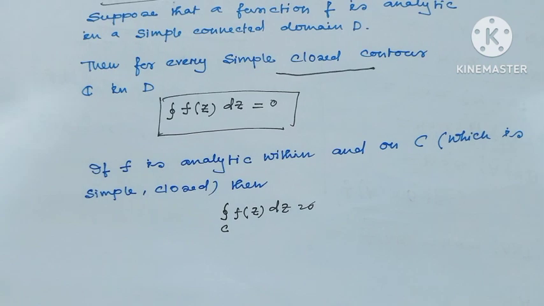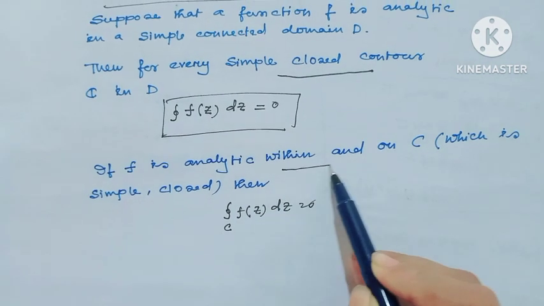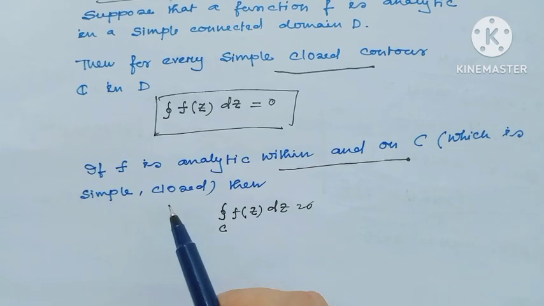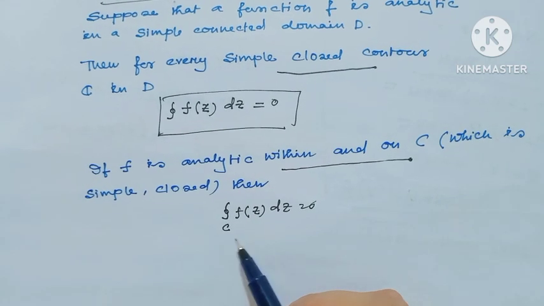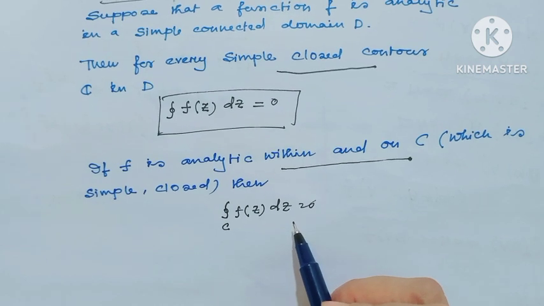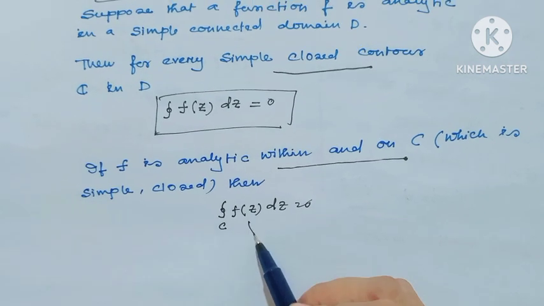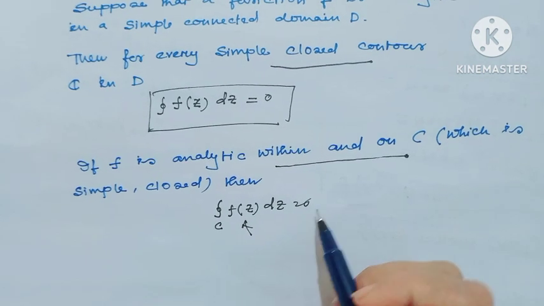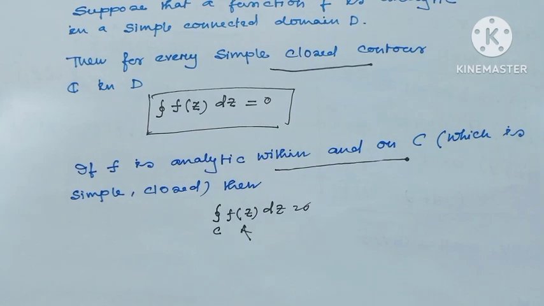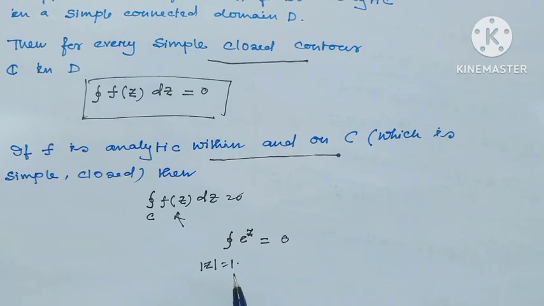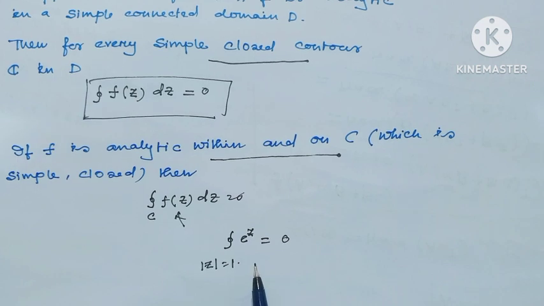That means if f is analytic within and on C, obviously this C is simple and closed, then in this closed contour, if f is analytic, then the integral of f(z) dz is always equal to 0. As an example, on the circle |z| = 1, e^z is obviously always analytic.